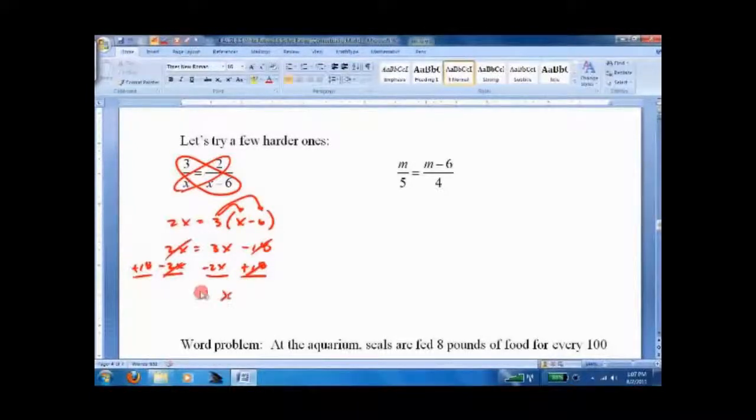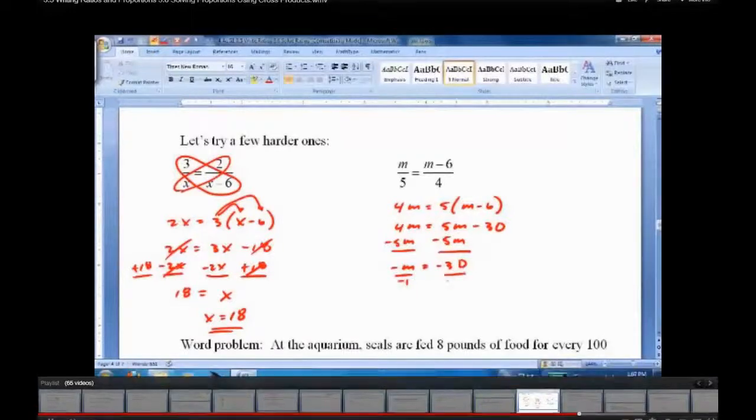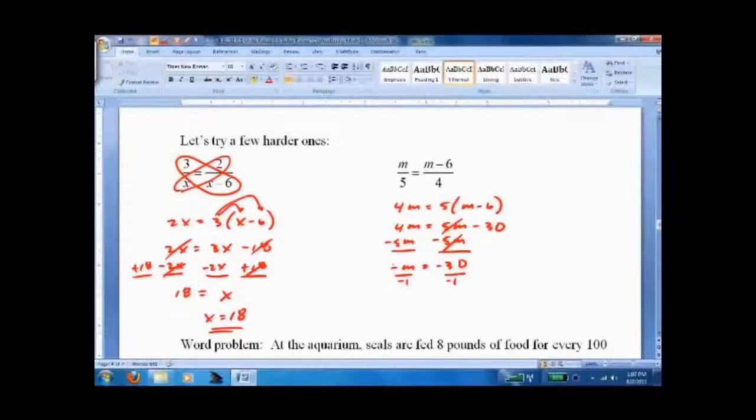So that I get x equals 18. You can check if you want. Again, I'm not going to do the circling. 4m equals 5 times m minus 6. 4m equals negative 30. Divided by negative 1. And we get m equals 30. That's about it.